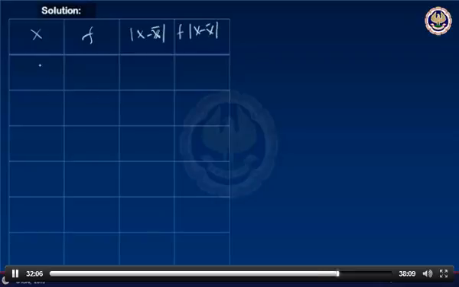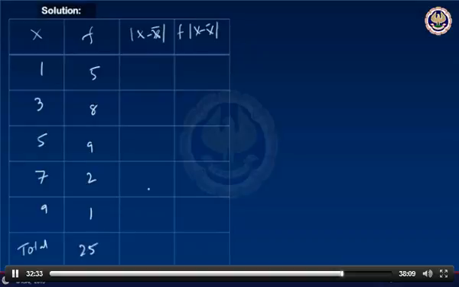Now look at 1, 3, 5, 7, 9. In this column we are going to calculate the total. The frequencies are 5, 8, 9, 2, 1. The sum of these frequencies is 25.